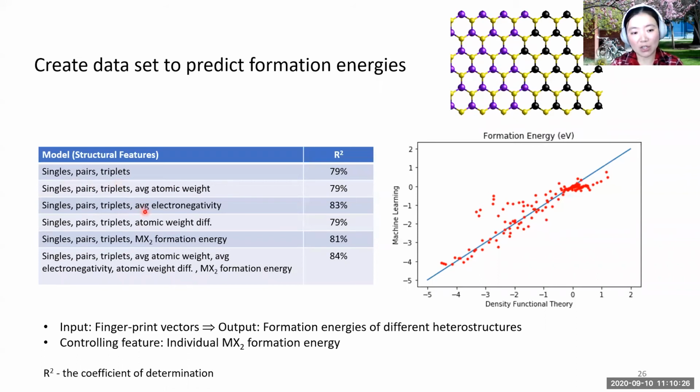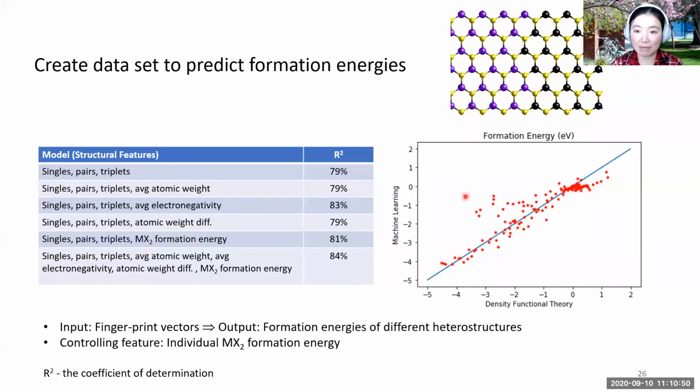We also add some physical features, some physics in there, like average atomic weight, electronegativities, atomic weight difference, or the individual composition formation energy.